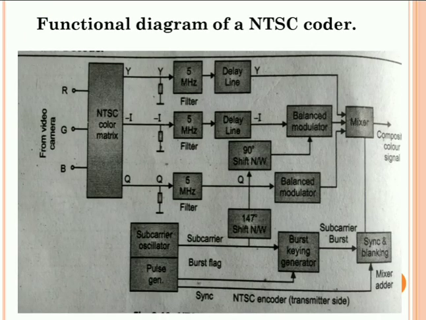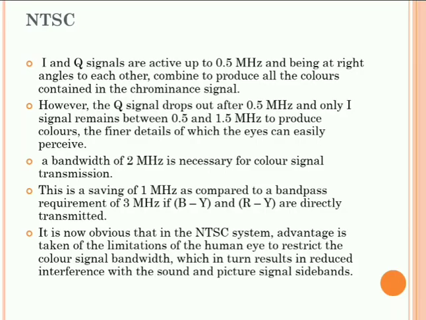We have seen the I and Q signals. They are active up to 0.5 megahertz and are at right angles to each other. However, the Q signal drops out after 0.5 megahertz and only the I signal remains between 0.5 and 1.5 megahertz to produce the colors, the finer details of which the eyes can easily receive. A bandwidth of 2 megahertz is necessary for color signal transmission.